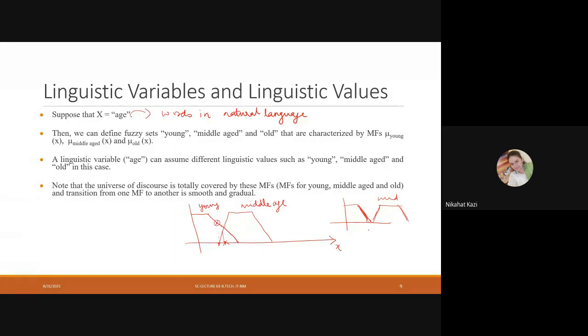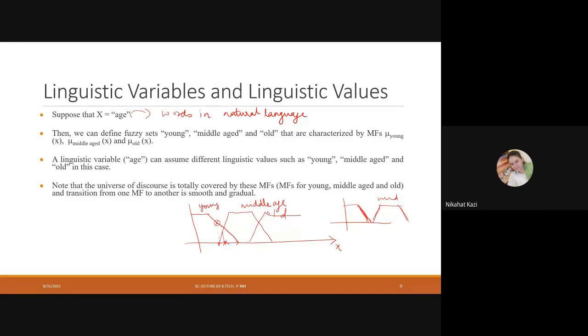It depends on the context. If you have only young and old, you might not have any overlap. Young ends here, and old starts at a later point. That is fine. But usually that is not the case.